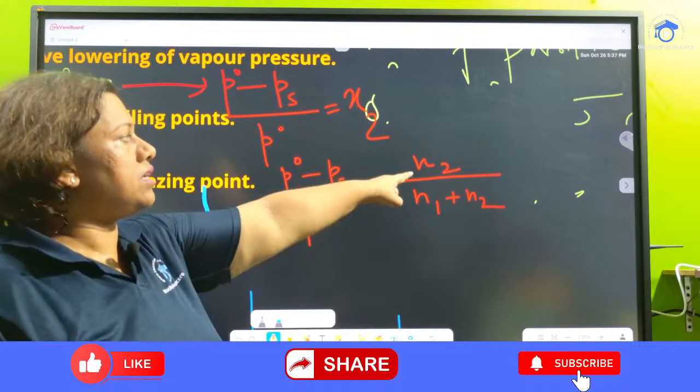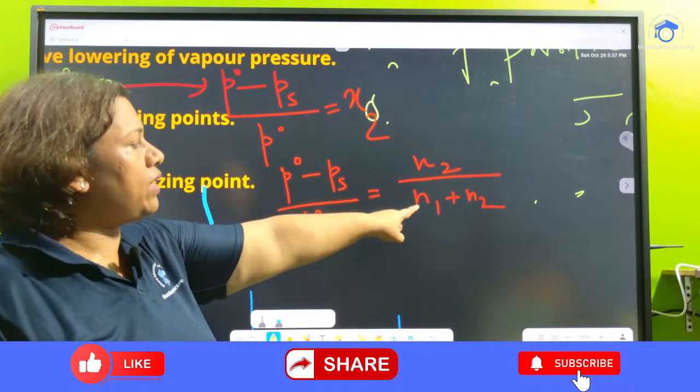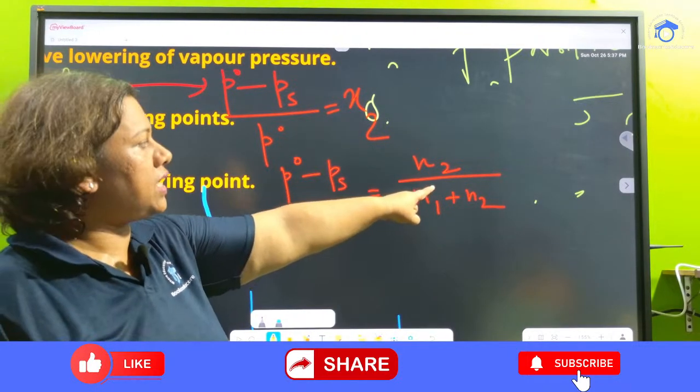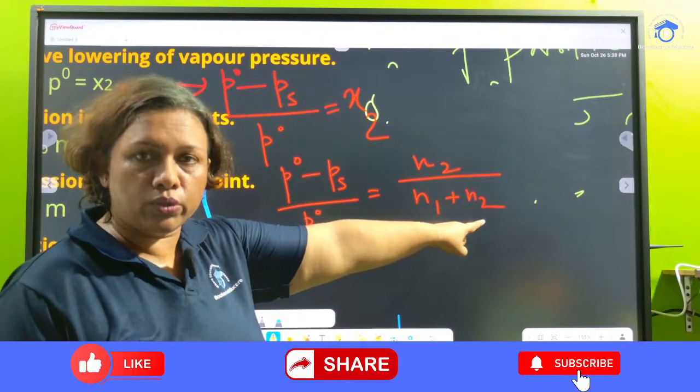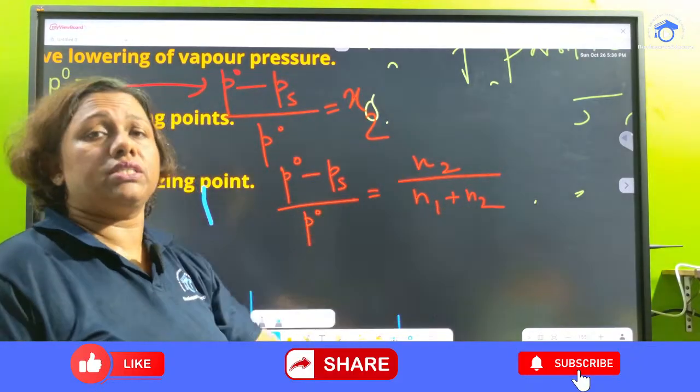Okay. N2 is the number of moles of solute. N1 is the number of moles of solvent. N2 is the number of moles of solute again. Okay. Again, we are simplifying it.